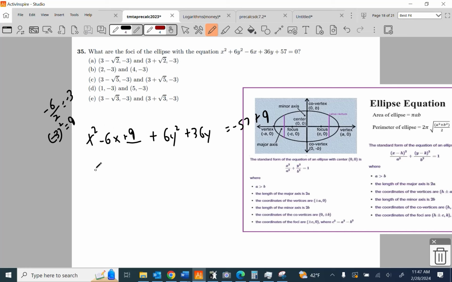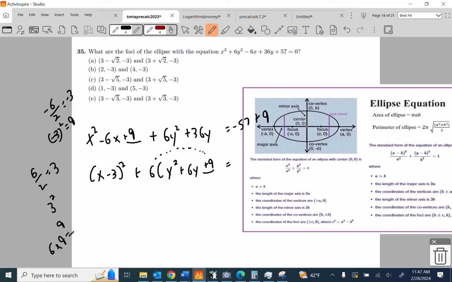Now this piece factors as x minus 3 quantity squared. Here we're going to do something a little funny. We're going to pull a 6. And half of 6 is 3. We're going to square it and get a 9. Now, the reality is I'm not adding 9 to both sides. I'm adding 6 times 9 to both sides.